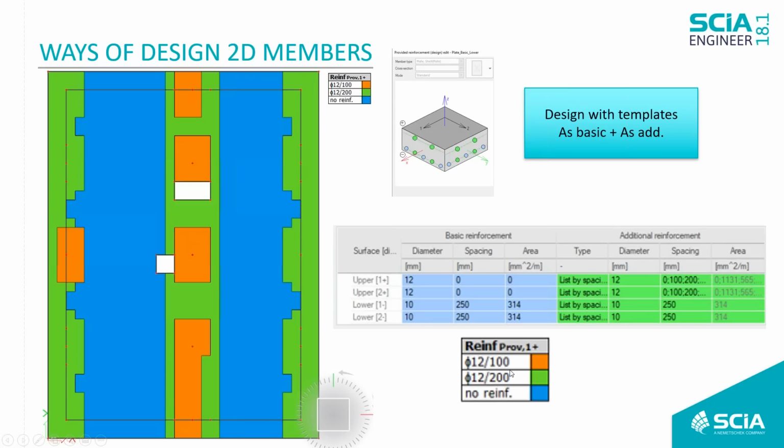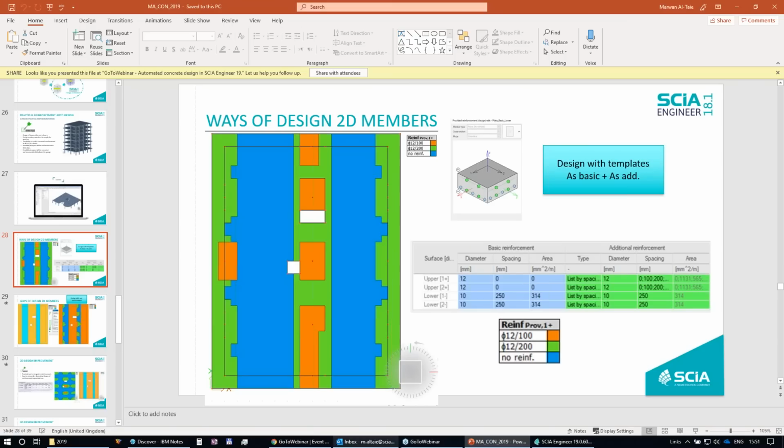I don't know if you like this solution or not, because it's somehow only SCIA using this methodology of defining the reinforcement via template, not like other software. There is something new in this version, which is a combination of template reinforcement coming from here and maybe real bars. In the old solution from SCIA, normally you can model real bars inside the slab.